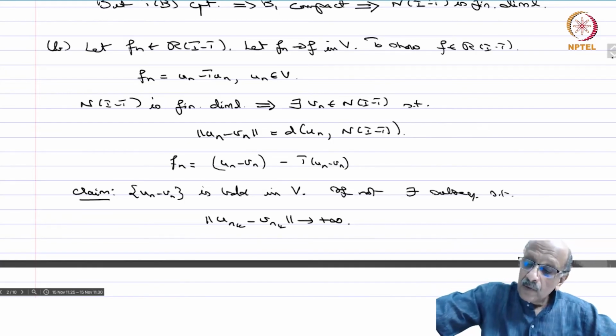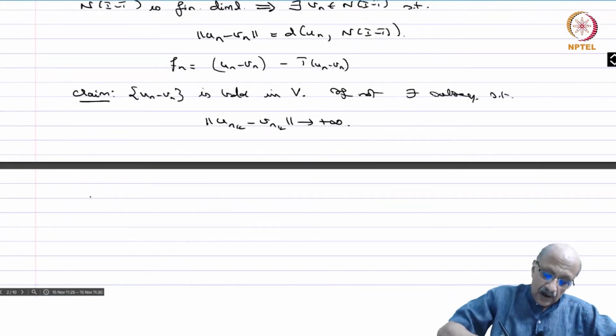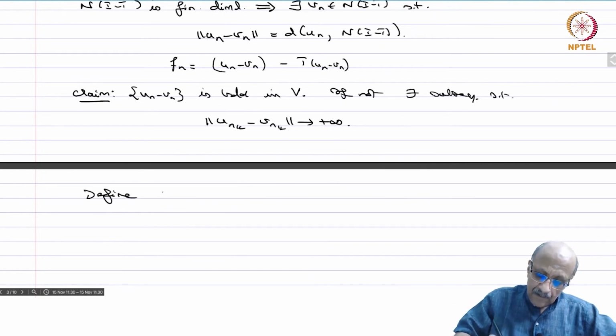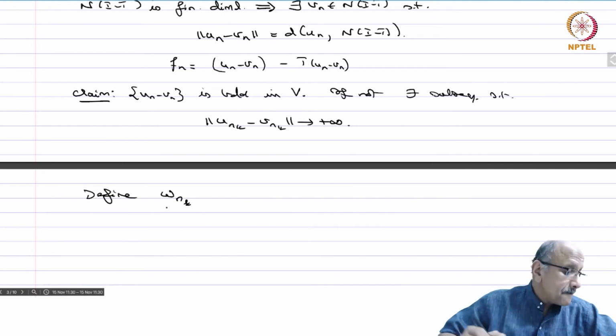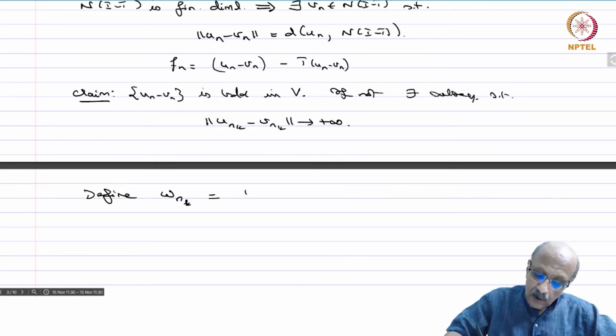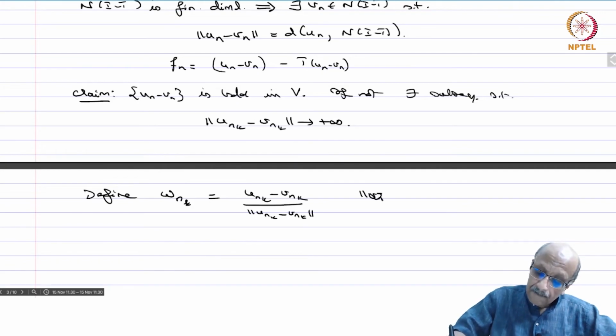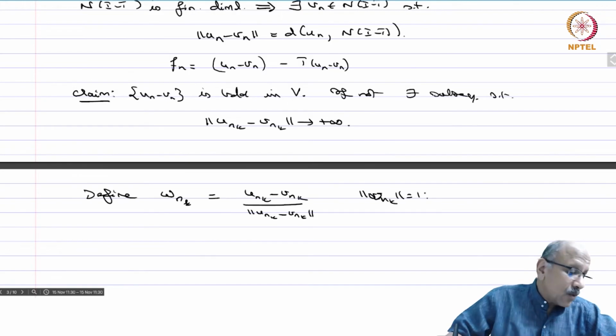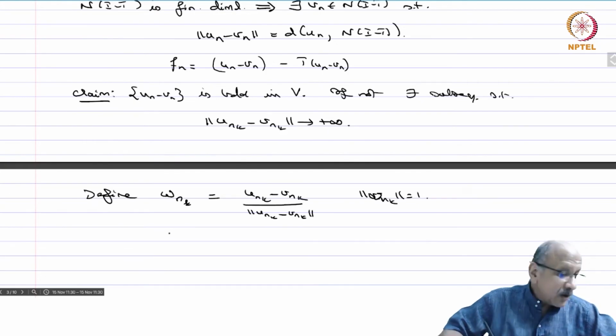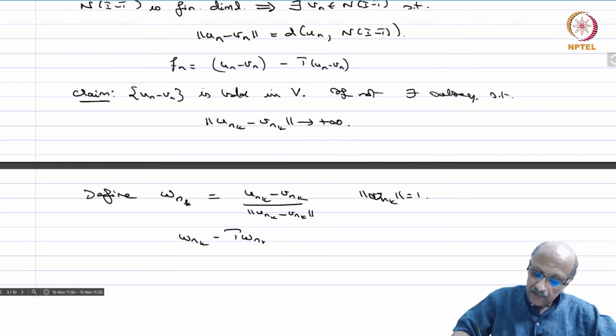Now you define Wnk equal to Unk minus Vnk by norm Unk minus Vnk. So norm Wnk equals 1. And what is Wnk minus T of Wnk?